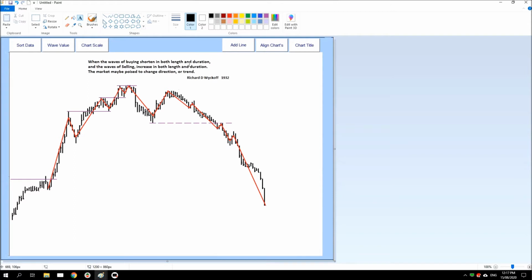So you could say in both length and volume, and the waves of selling increase both in length and duration, the market may be poised to change direction or trend.